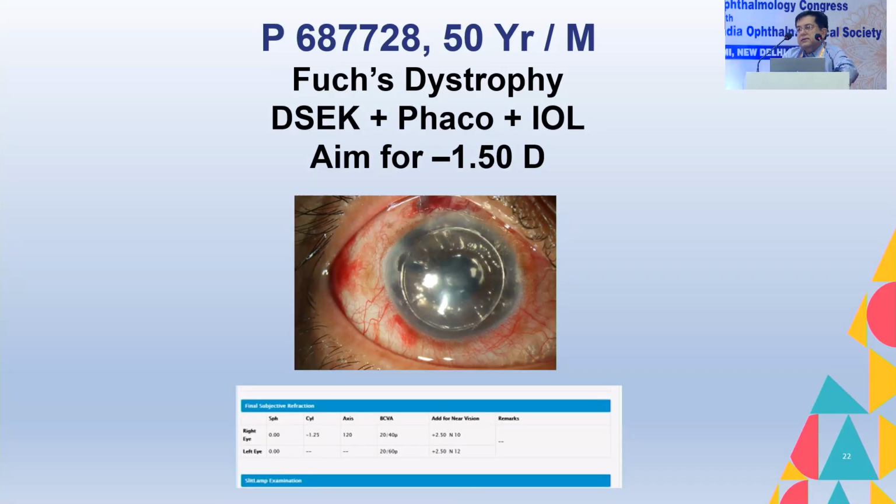You do the cataract surgery, you aim for a minus 1.5 refractive error, because your DSEK will cause a hyperopia of about plus 1.5. So you keep that into account. So your target is about minus 1.5 when you're doing the cataract surgery in a patient who has Fuchs, where you would do either a combined surgery or a cataract surgery later followed by DSEK. So this is the simple calculation for DSEK.